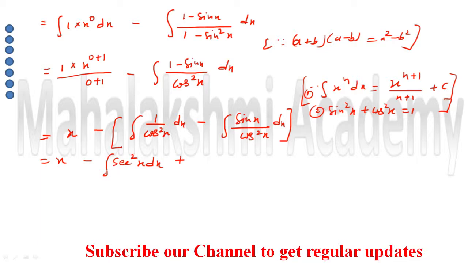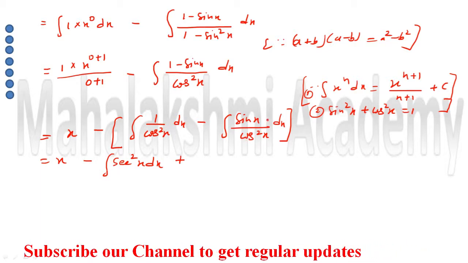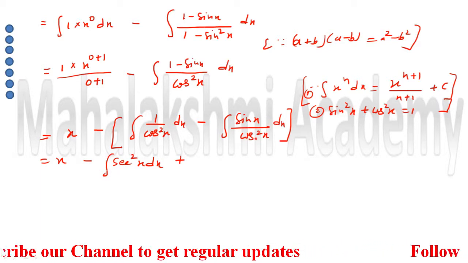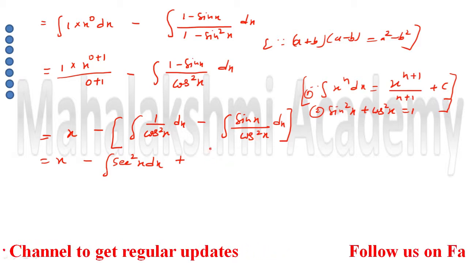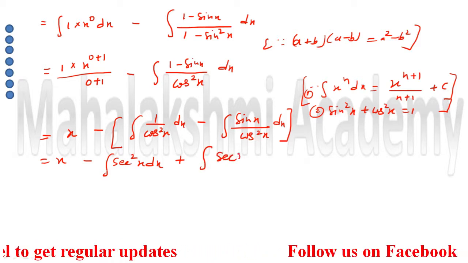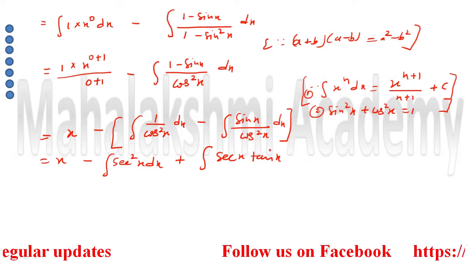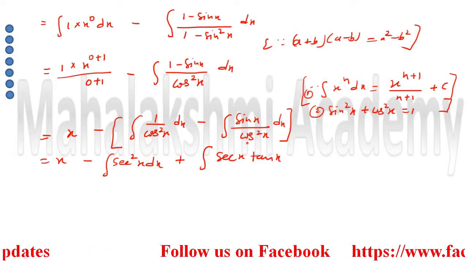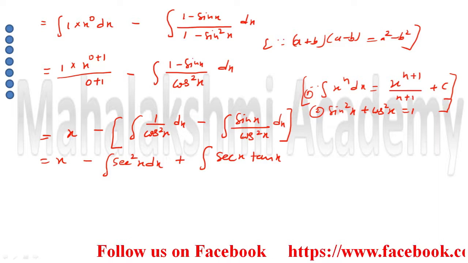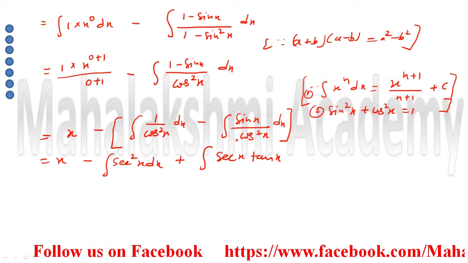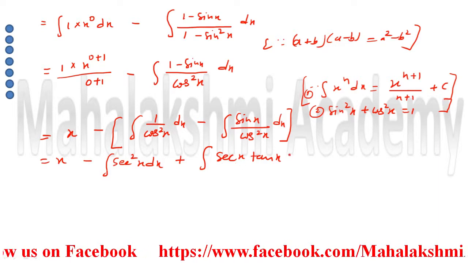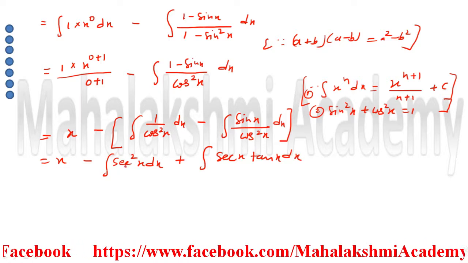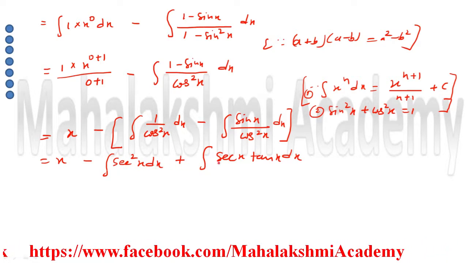Now here students, sin upon cos is tan, then one more cos remains in the denominator. So in short, it's going to be sec x and tan x. Again I am repeating, sin upon cos is tan and we remain with 1 upon cos, that 1 upon cos is sec x. So students, you can note here both the integrations are standard formulas.